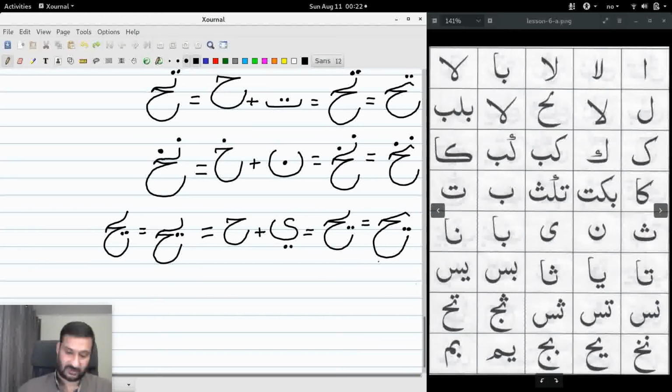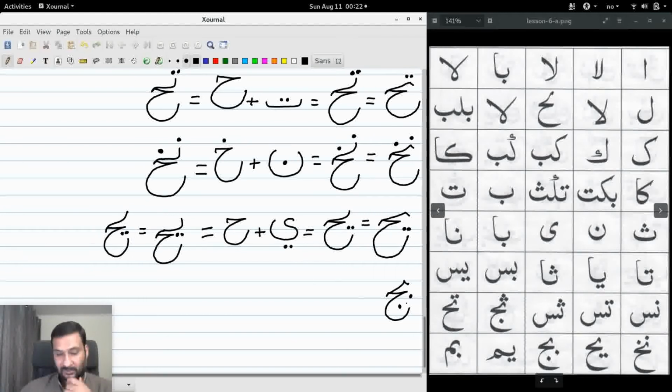Now comes another interesting example. Look at this. Here is one letter, one dot, and then there is another dot here. So there are two dots, but notice they are far apart. They are not like these two dots here, which are right next to each other, right?